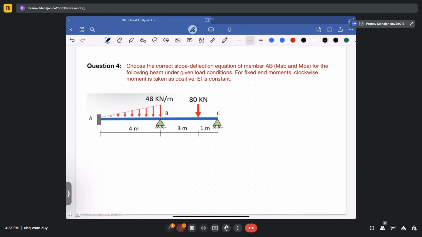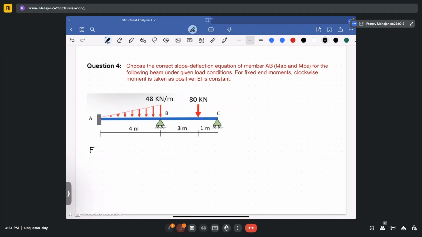For fixed end moments, clockwise moment is taken as positive, EI is constant. So we have to write only the slope deflection equations. First of all, since the loading is given to us, we will write the fixed end conditions for the span AB as well as for span BC.